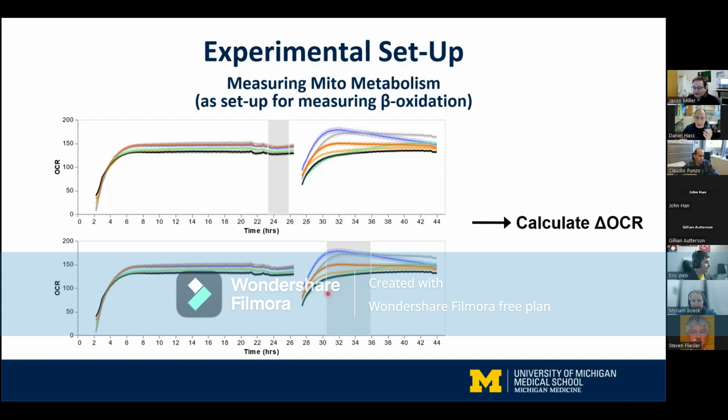Or yes, Dan, as you astutely pointed out, if you basically just took this curve here and moved it back over here, you would get an area under the curve, which would represent how much total oxygen was consumed using whatever the intervention was. In this case, a known concentration of fatty acids at a known volume in the media.